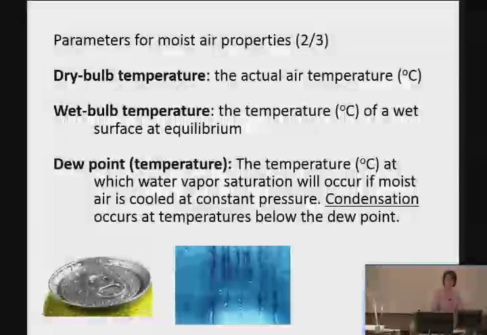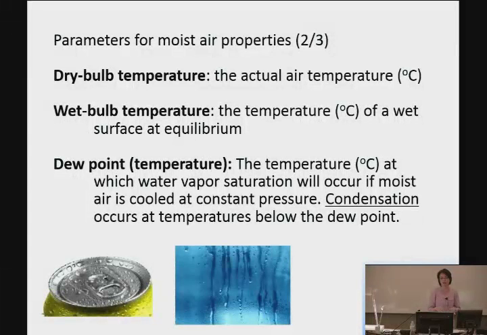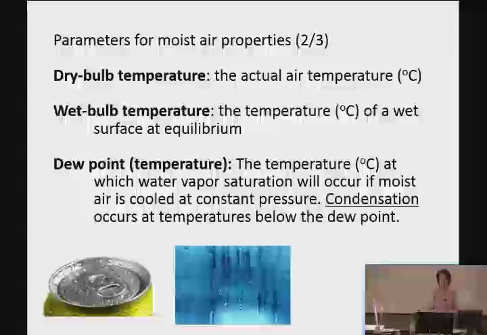Like in a restaurant, you have a glass of water, and in Arizona, it's just a little bit of a wet surface, right? Glass surface. But if you go somewhere else, then you get massive water dripping, basically. And why? Because the surface temperature of the glass is lower than the dew point.